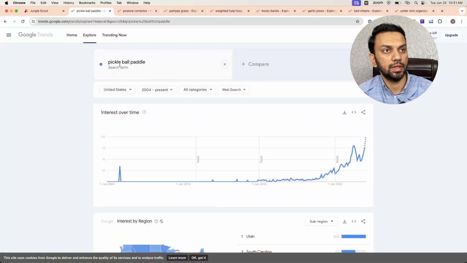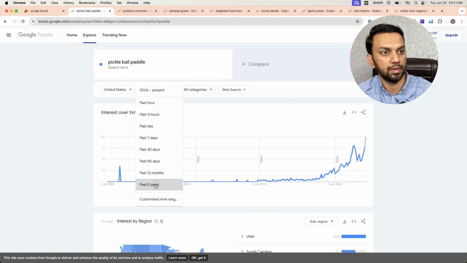So here, if you see the example of the pickleball paddle, this particular sport is picking up the trend in the USA. Every middle-aged guy, or people in the middle age, they are playing it frequently, they are liking it, people are posting about it on Snapchat, on Instagram. So it is picking up the hype. If you see this trend, it's kind of upwards.